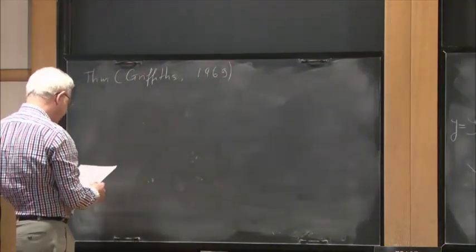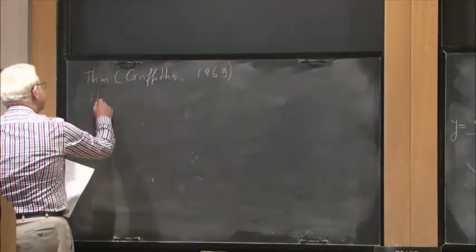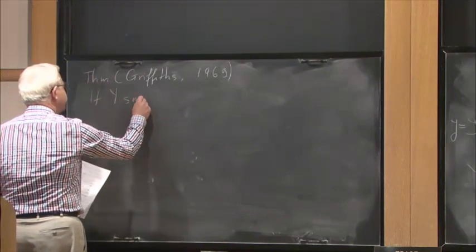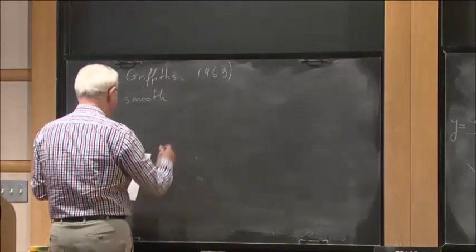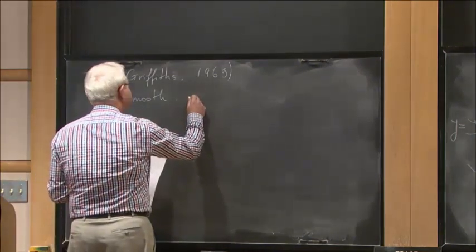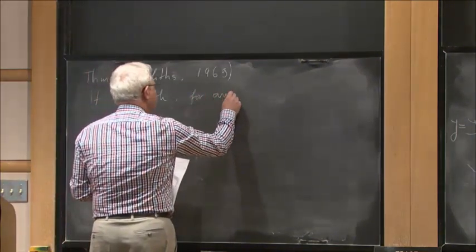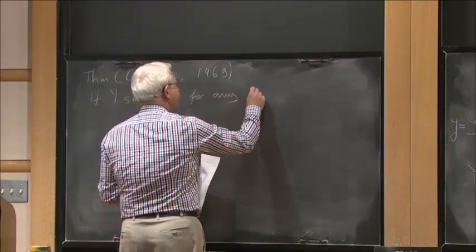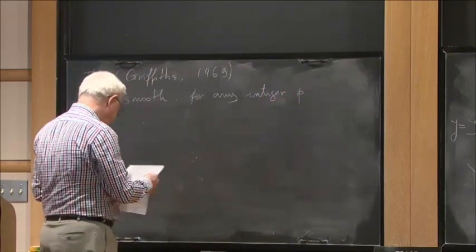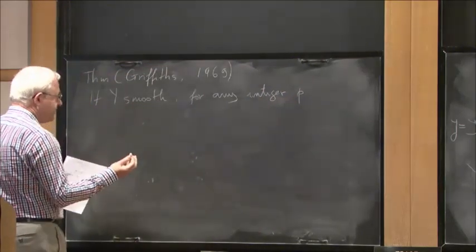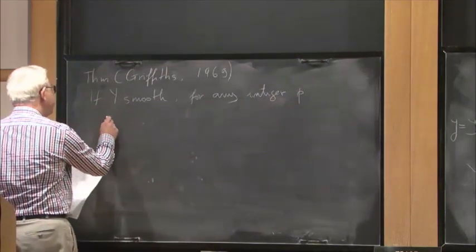Which says the following thing: if Y is smooth, then for any integer p, we have the following isomorphism of vector spaces.